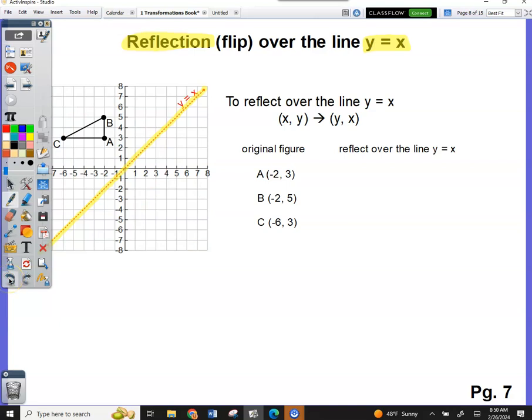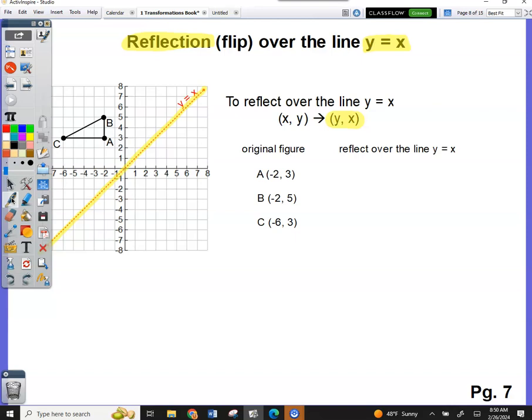Now, what about the formula? Let me show you this. There's a trick. We are reflecting over the line y equals x. Here's the written rule. Can you tell me what happened? They swapped positions. You notice that? X moved to the y position, y moved to the x position. I'm going to show you a trick. It's a corny little trick that you will draw on y equals x, the equation, and it will help you remember the formula.